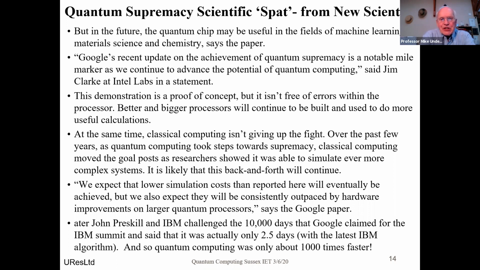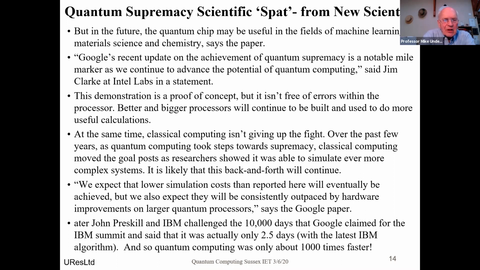In simulation, then, it is expected to really improve classically, but the improvements on larger quantum processors will be ahead.